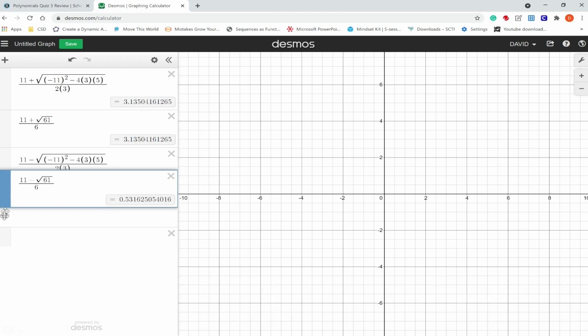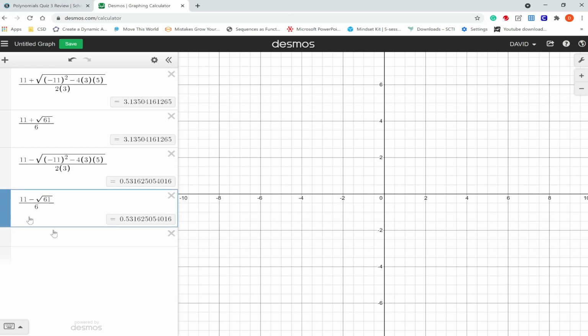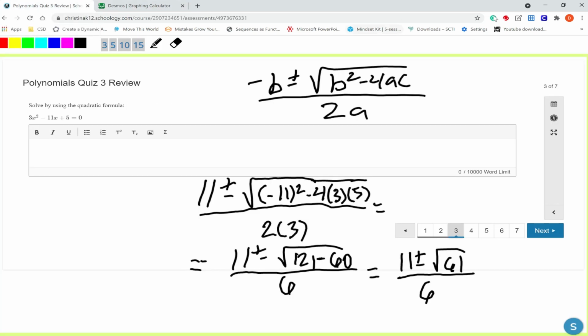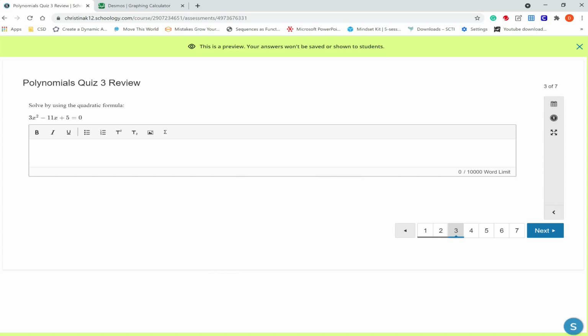And you can see that's the same as the original equation. You can just copy that link and paste it into the paragraph, and that can be sufficient for your work. And we're done question number 3.